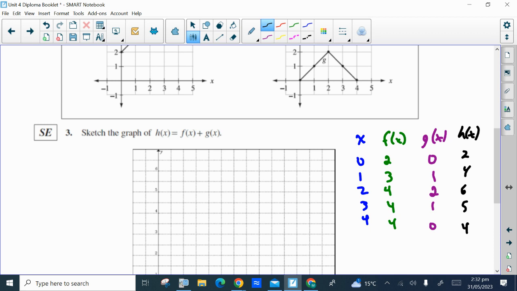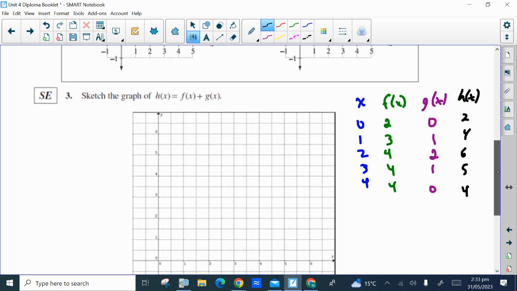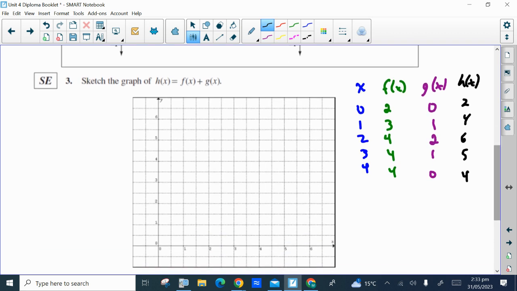The x values don't change, but the y values do. Our new y values are found by adding the y values together from the previous functions. So we'll start at 0, 0. We'll go through 1, 4, 2, 6, then 3, 5, and 4, 4.